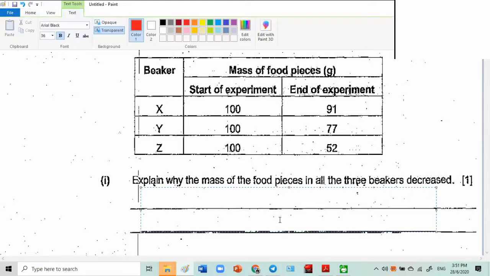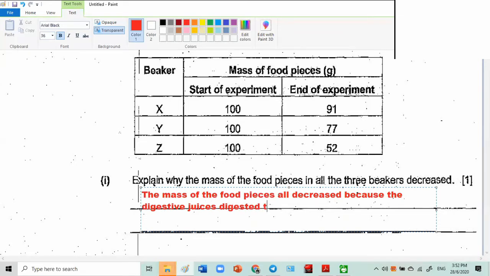So according to Ruben, he says, okay, the mass of the food pieces in all 3 beakers decreased because the digestive juices digested the food pieces, right?